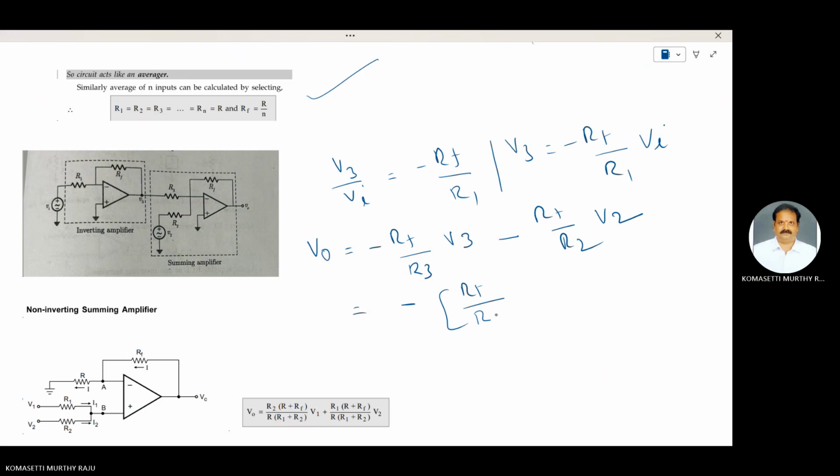Here V3 is minus Rf by R1 into Vi, minus Rf by R2 V2. That is, here we use the plus sign.